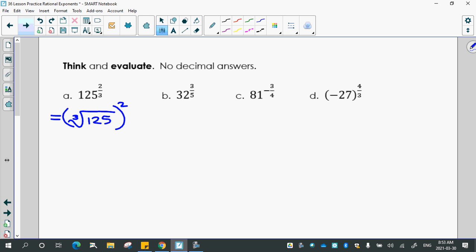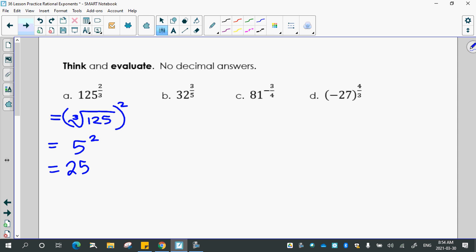So then to get the third root of 125, if I'm not using my calculator, I'm asking myself what number multiplies by itself 3 times to give me 125. 5. 5 squared is 25.